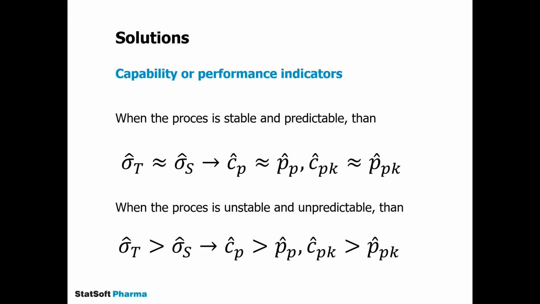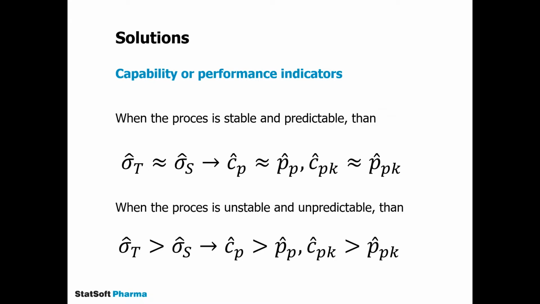In case of processes being stable over time and centered to nominal value, all quality indicators have similar values. If your process is not in statistical control, Cpk and Ppk are meaningless because you cannot predict process sigma. So you have something to work on.